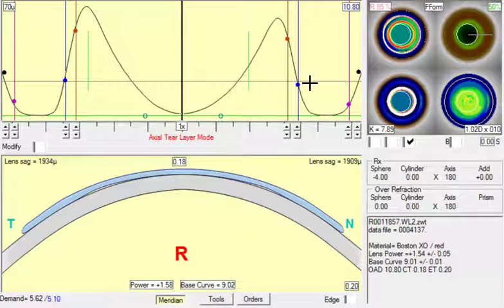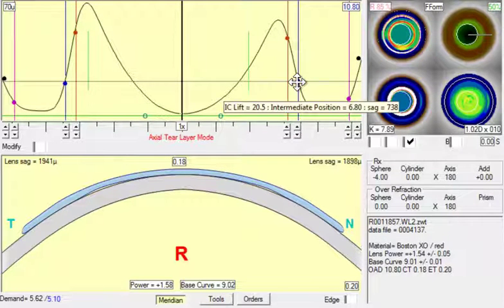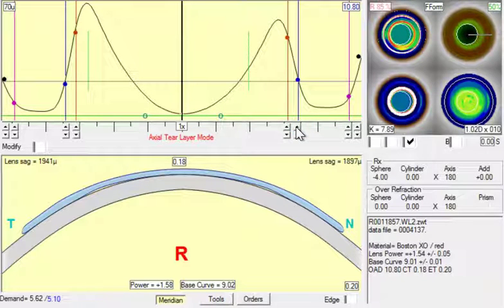So if we go to 50% mode, we're currently at 742. We're going to reduce this to 737. Because we're in freeform, we're going to have to do the same thing on the other side.